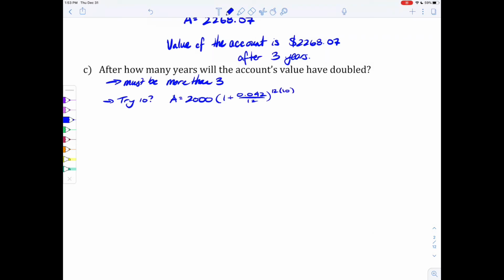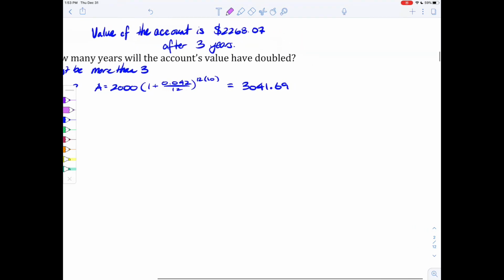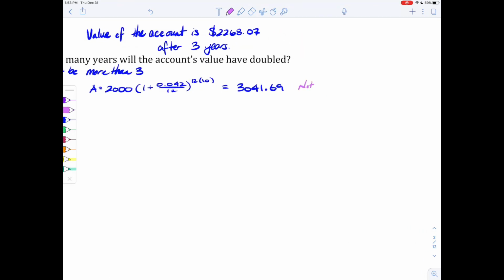T in this case would be 10. And when I evaluate that, I get this value, which is not double. So this is not enough.